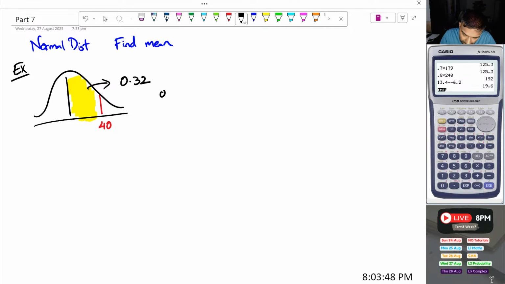And I'm going to tell you what the standard deviation is. Let's go standard deviation of, not 5, let's go standard deviation of 3. And we'll be asked to figure out what the mean is. It should be fun.